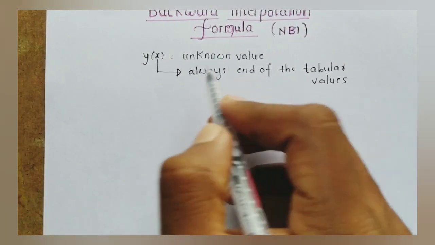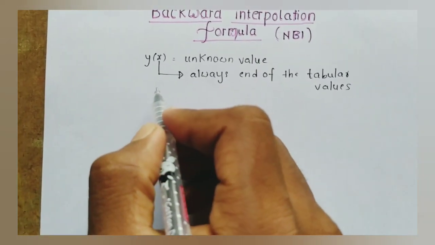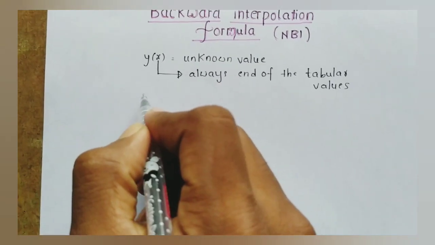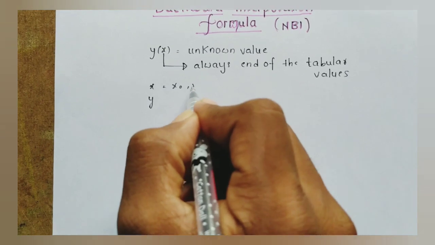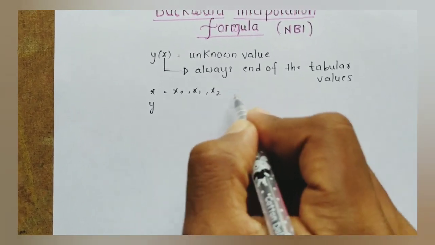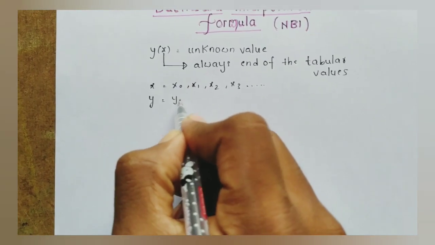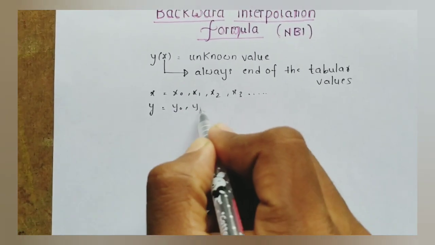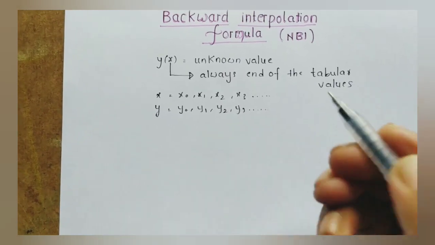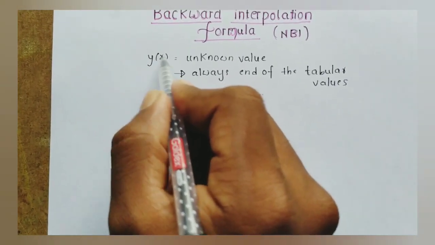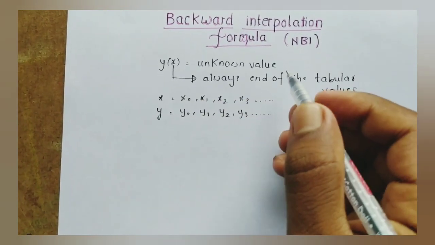Here, the end of the tabular values means that for a given problem the values of x and y are given. The values of x are x0, x1, x2, x3 and so on. The values of y are y0, y1, y2, y3, etc. The value of x is at the end of the tabular values.